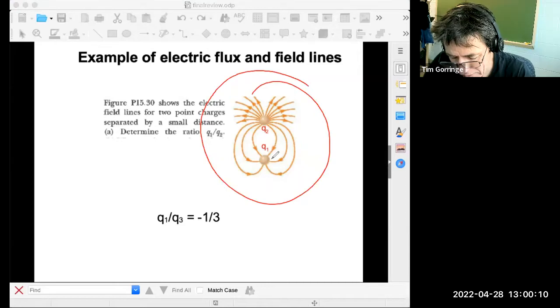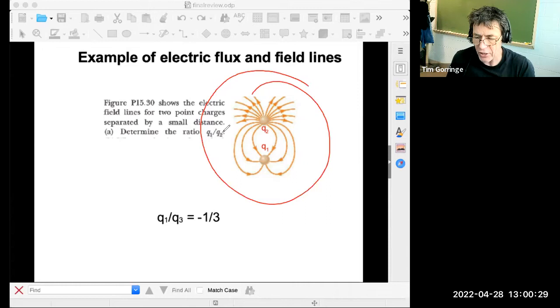Q1 is the charge below, and we see field lines terminating on Q1, and Q2 is the charge above. We see field lines emerging from Q2. And we're asked to figure out the ratio of Q1 to Q2.